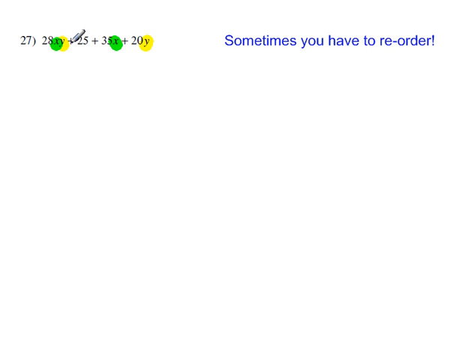I'm going to put the yellows together. I want these two together. Let's put 28xy plus 20y. And I'm thinking ahead. Think of it like a game of chess, to where if I pulled out a y and the greatest common factor, I guess, would be a 4 in this case, then I would get 7x, and I would get a 5.